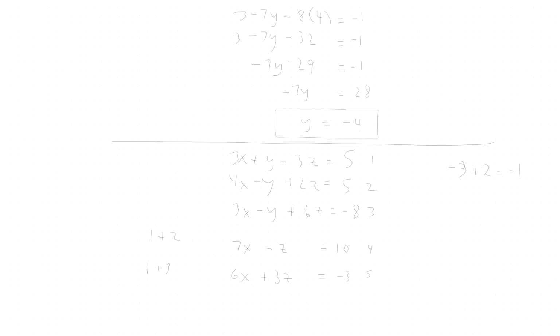So what can we do to equation 4 so it looks like equation 5? We can take equation 4 and multiply it by negative 3. So then the z coefficients will match up.